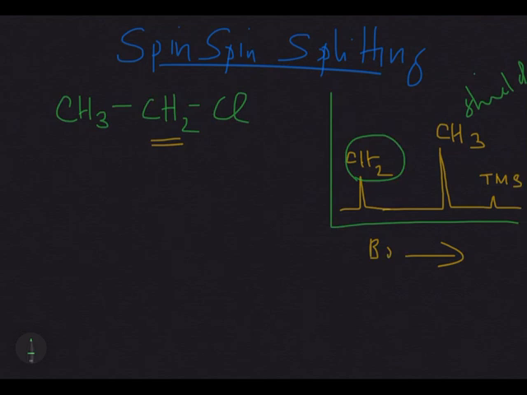Then the intensity of the signal. The signal for CH3 is more intense when compared to that of CH2, because as the number of protons increases, the intensity of the signal also increases. Thus, the intensity of the signal shows the number of protons of that type. And the last point is the splitting of a signal.